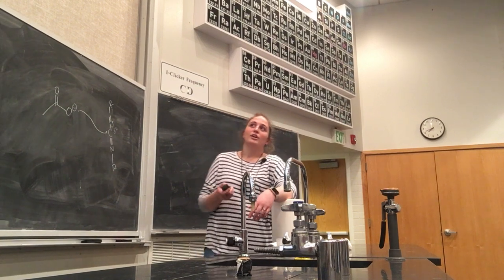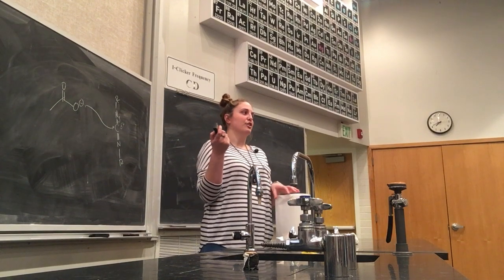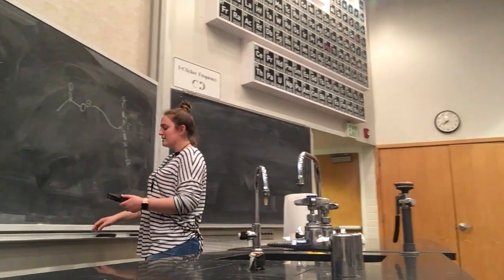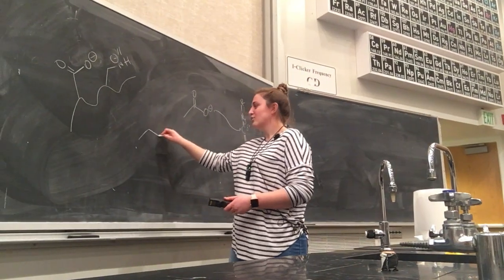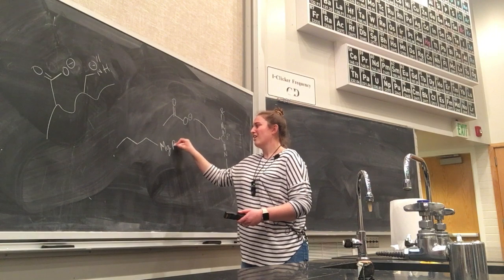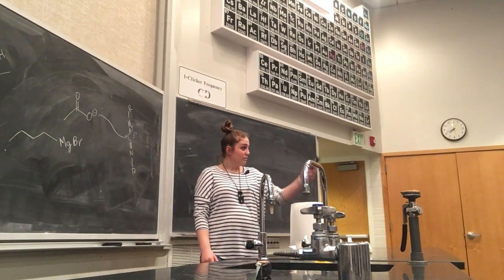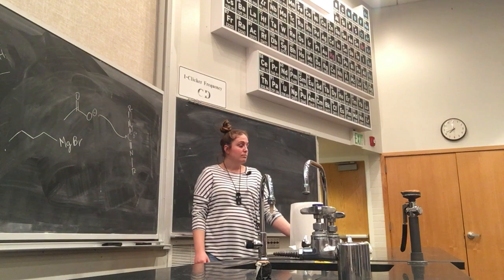Okay, organometallics. So organolithium and Grignard. Grignard is the one where it's like the alkyl group with MgBr. That's what Grignard is. We need to be able to build these.